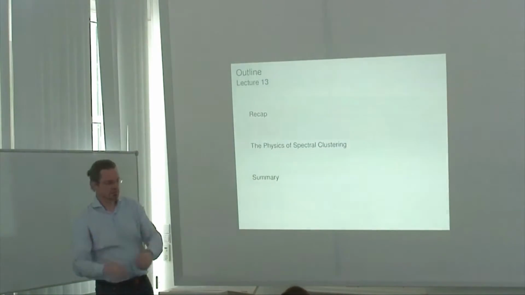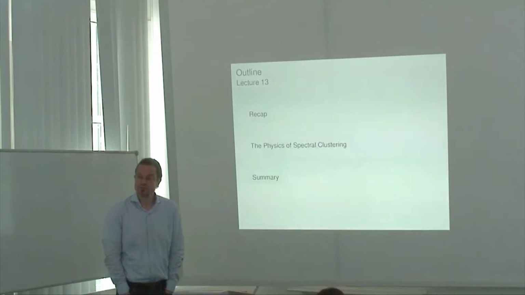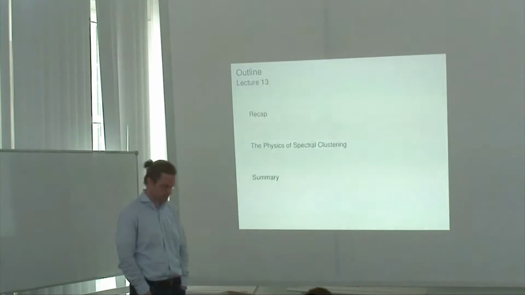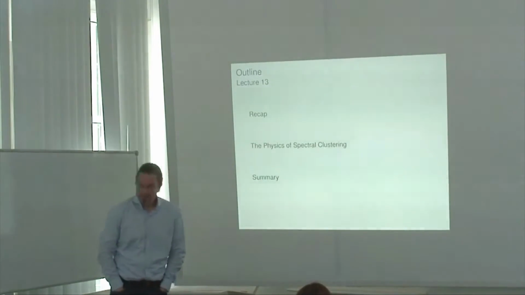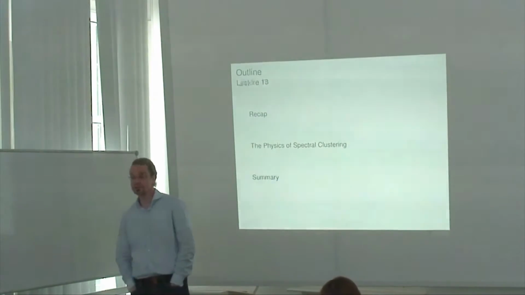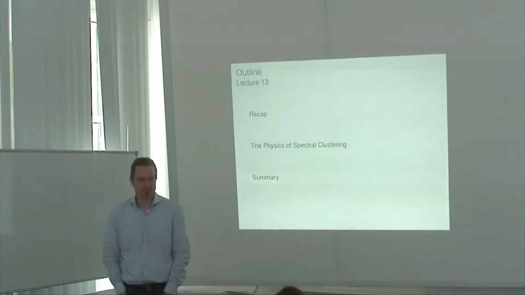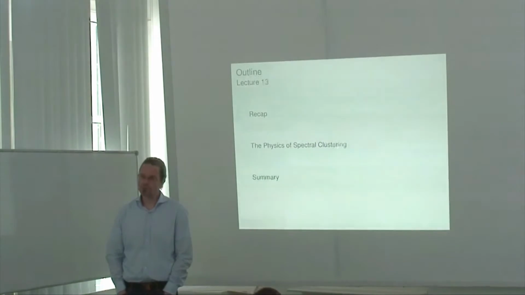And then we studied an idea as to how to cluster such graphs, and that was called spectral clustering. And it is somewhat outrageous that this idea of spectral clustering actually works at first sight. However, if we look under the hood, we can actually make sense of that algorithm, and this is what we are about to do.